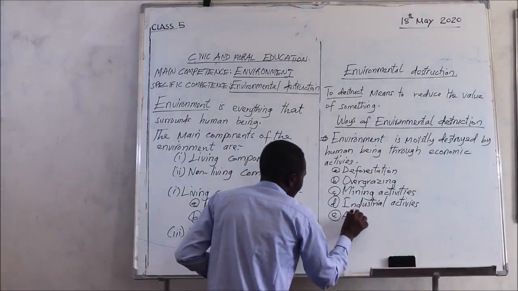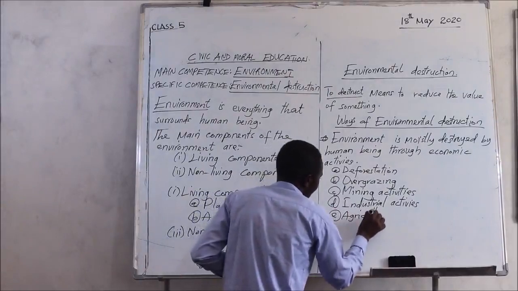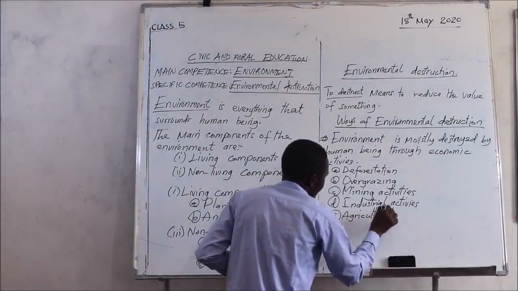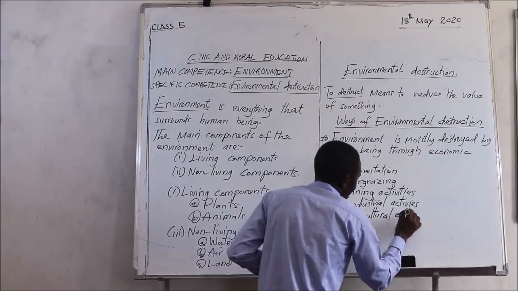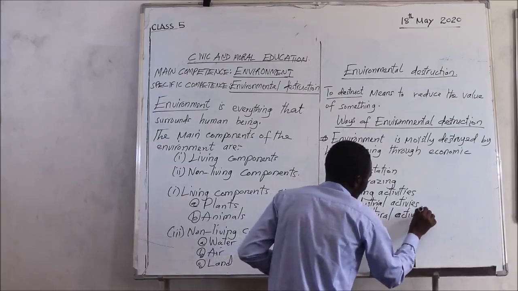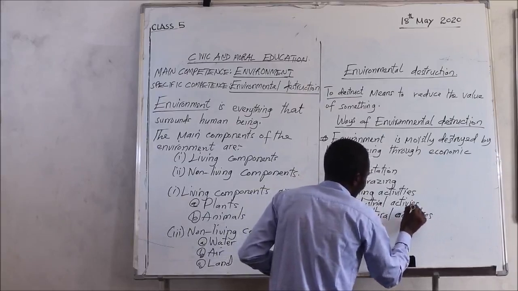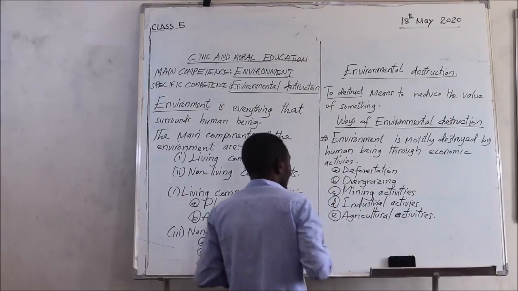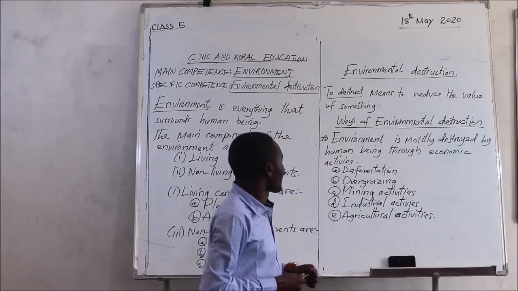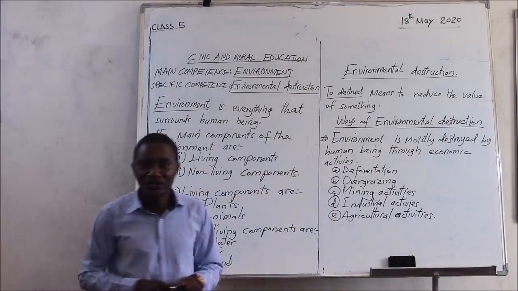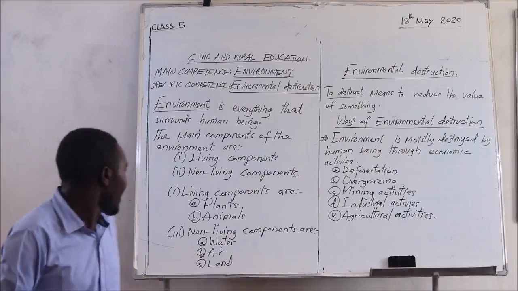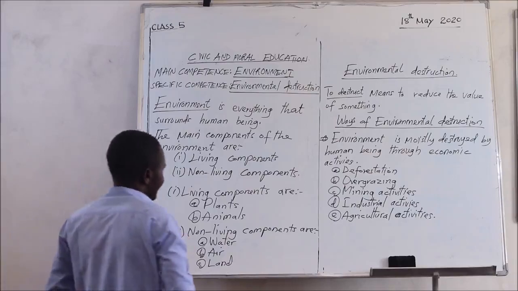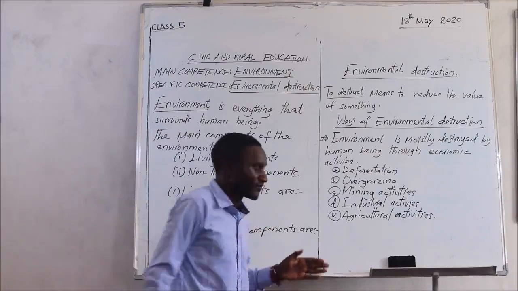Agricultural activities. These are some of the ways of environmental destruction. How do these activities destroy the environment? Let us see one after another.